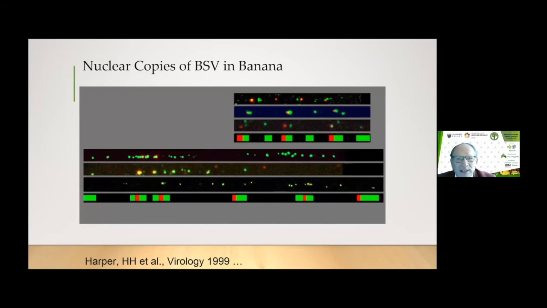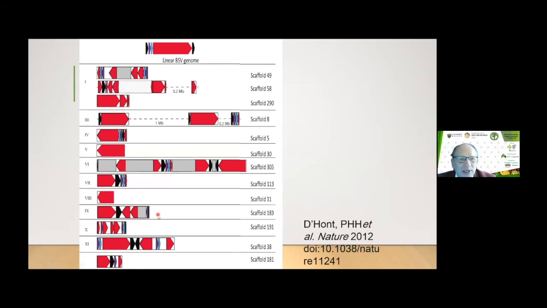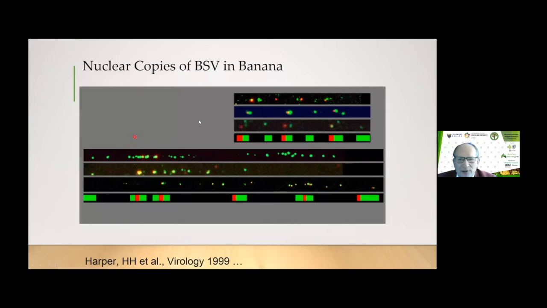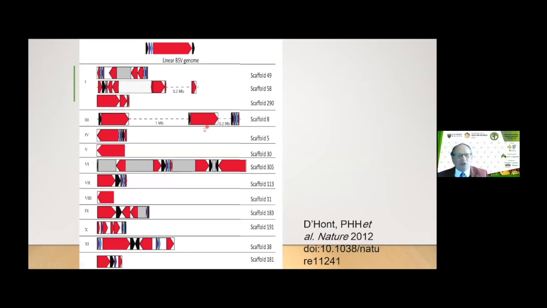More recently, we've been involved with the banana genome sequencing. Here you can see the complex structures of that banana streak virus being incorporated into the nuclear genome, just as we had seen by looking at the DNA fibers in the nucleus. Now, what is this doing? One of the things might be that this is the plant using the mechanism which we're now using to give resistance, RNA interference.